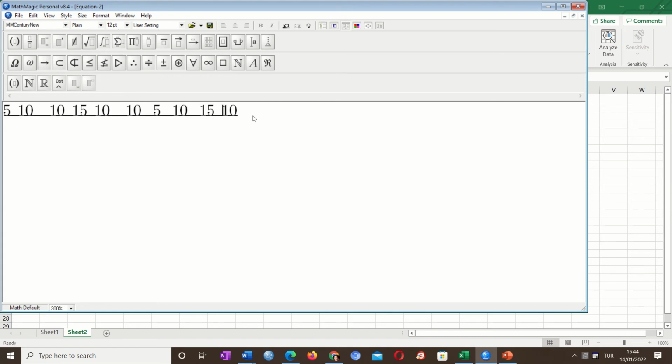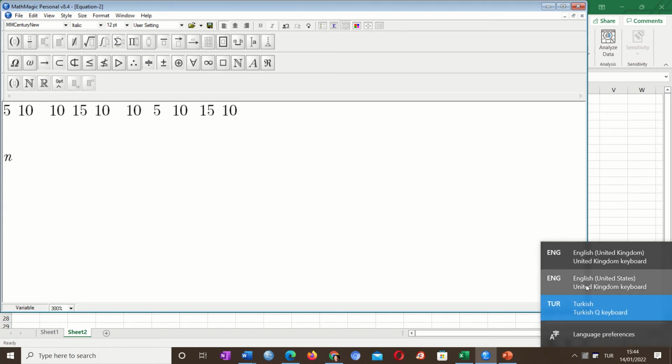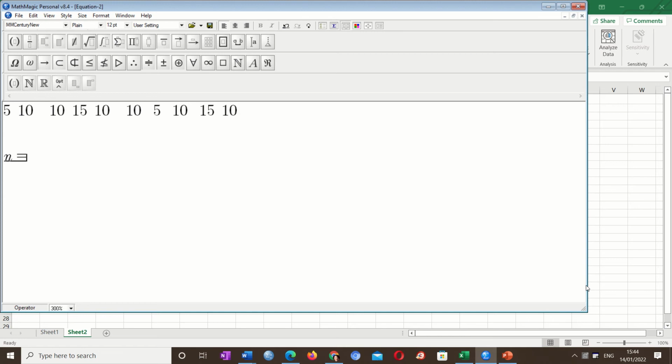Okay, so how many numbers are there here? What is n? N is 10. I have 10 numbers here. What is the frequency of 5? How many 5s do I have here? 2.